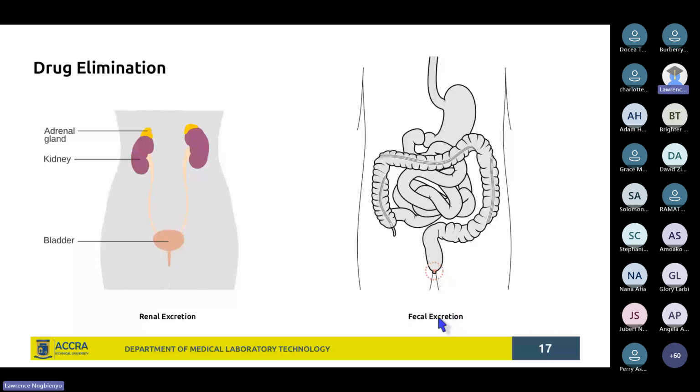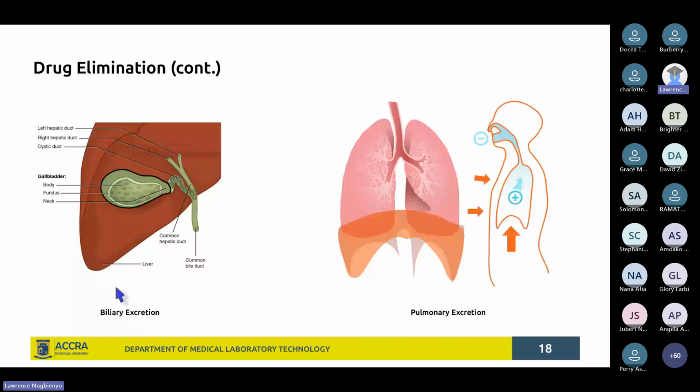This is the biliary excretion, where the drug, or the metabolites from the liver, get stored in the gallbladder, and the gallbladder has bile, which goes to the duodenum, into the digestive system, and can come out with stool.